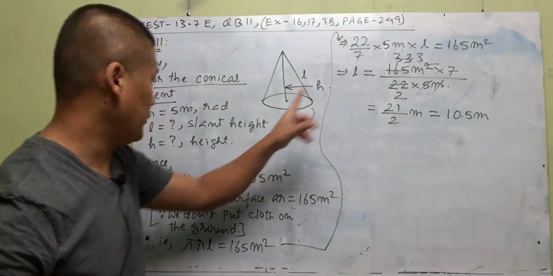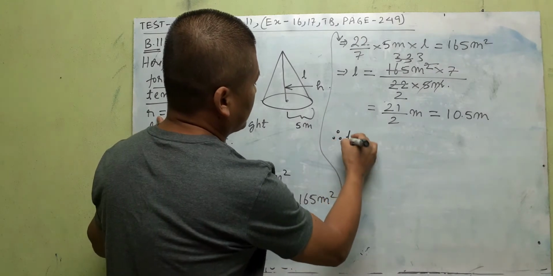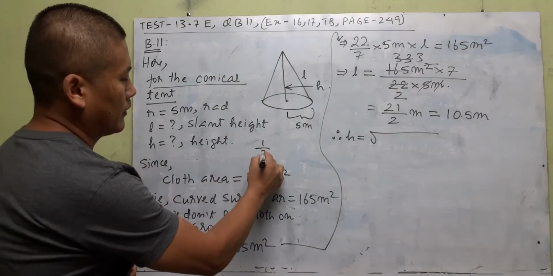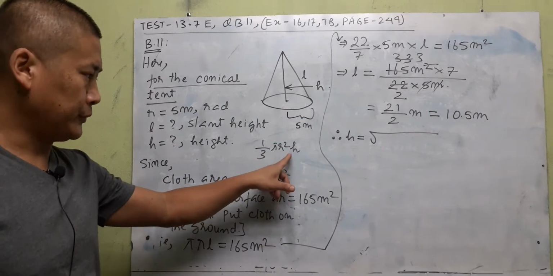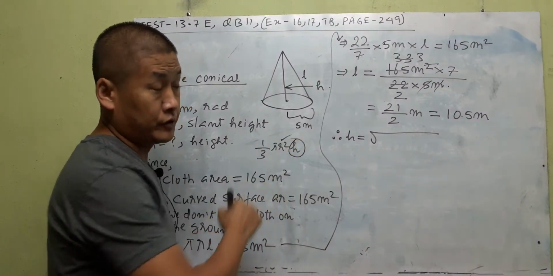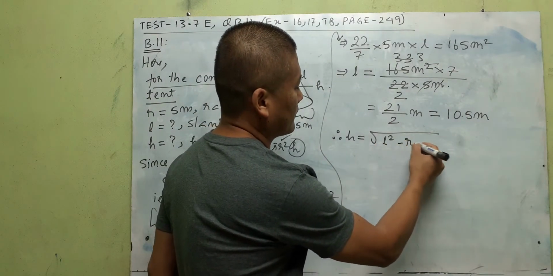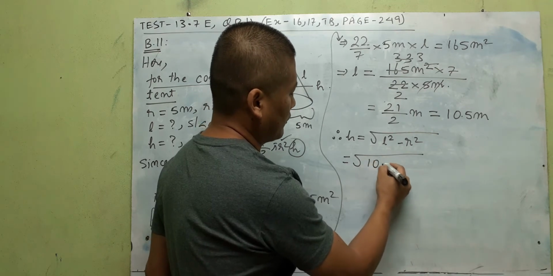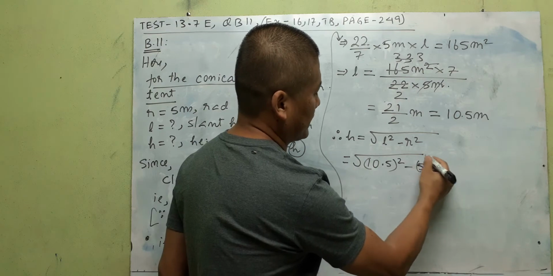We have the L now and the R. So we can easily find your H, because we need this H to find the volume, because the volume formula is 1 by 3 pi R square H, isn't it? So here we already have the R, but we need to find the H. So now the formula we know is H equals root over L square minus R square. So that will be root over 10.5 square minus 5 square.